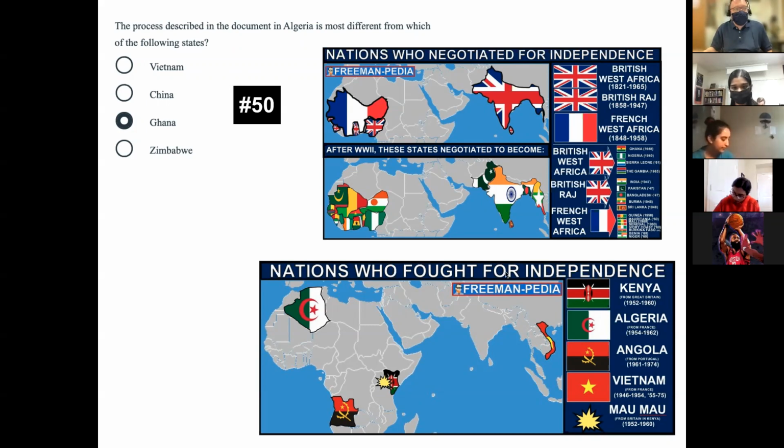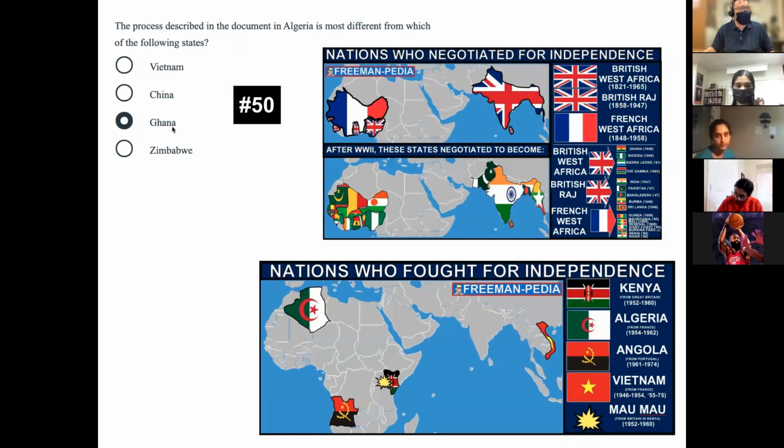In other places, they have to fight the colonizer. The Vietnamese have to kick the French out. Kenya has to kick the British out. Angola has to kick the Portuguese out. And the Algerians have to kick the French out through war. So there's negotiated independence. There's violent independence.